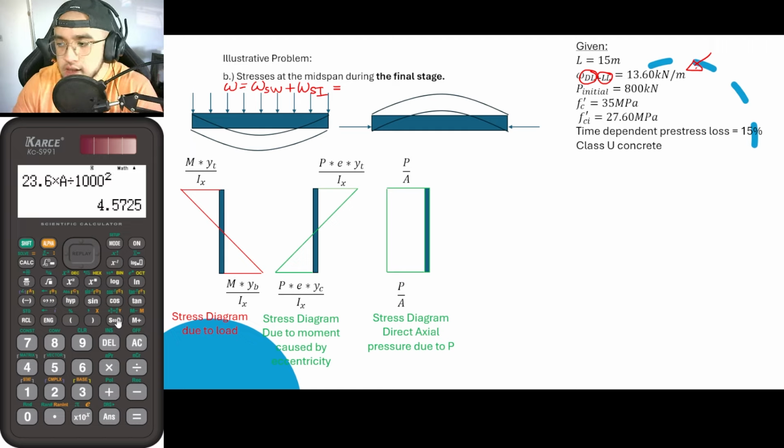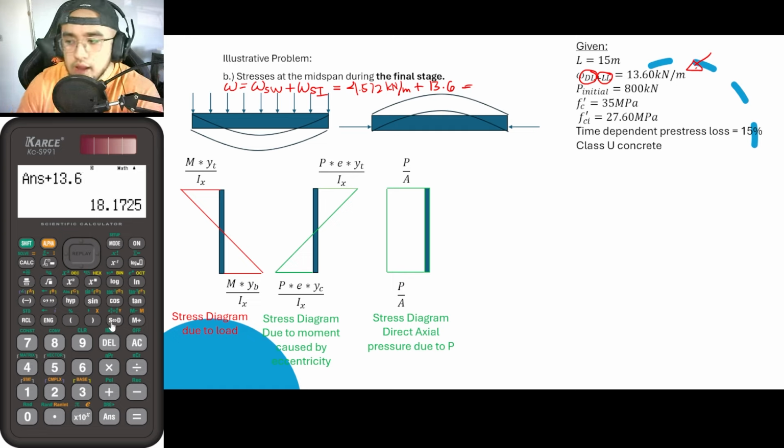So with that, this is actually equal to 4.572 kilonewton per meter plus our superimposed load of 13.6. So adding both of them, that is now equal to 18.1725.